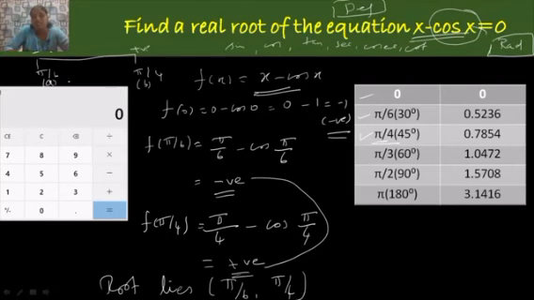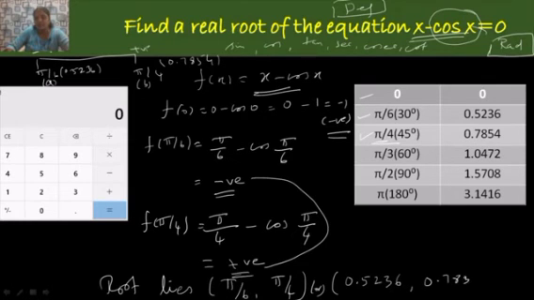Instead of taking the values in terms of pi, let me convert them to digits. Whenever you divide pi by 6 you get 0.5236, so pi by 6 in terms of numbers is 0.5236 and pi by 4 is 0.7854.